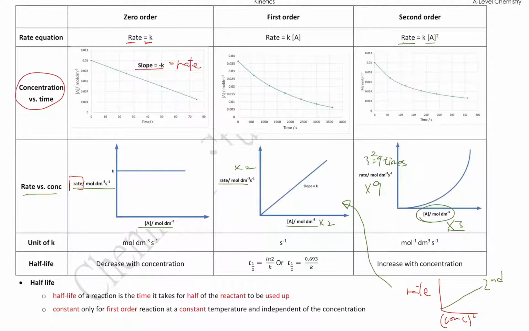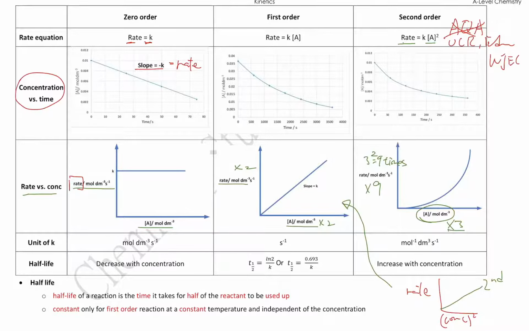So the important task will be for first order and second order, because you can see the shapes are kind of similar. Both of them are curves that decrease exponentially. How you deduce which one is first or second order is only required for examples not in AQA, which are in OCR, Edexcel, and WJEC.